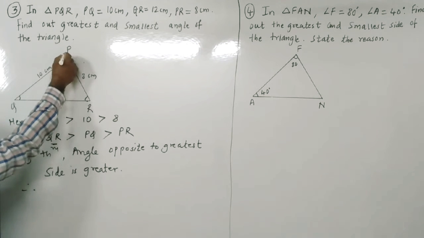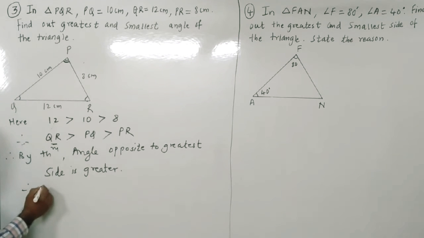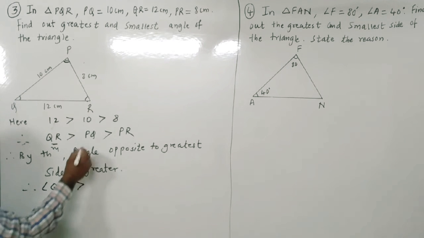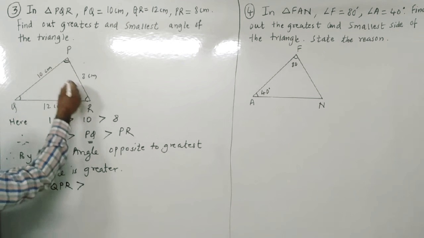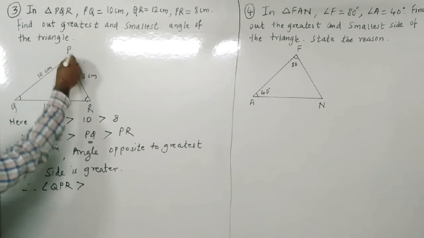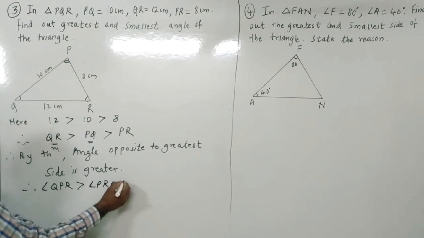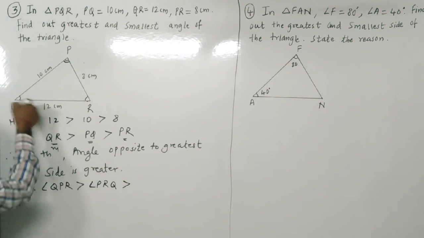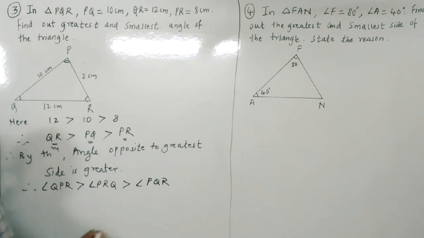So angle opposite to the greater side is angle QPR. Therefore, angle QPR is greater than angle opposite to PQ. Angle opposite to PQ is angle PRQ, and angle opposite to PR is angle PQR.